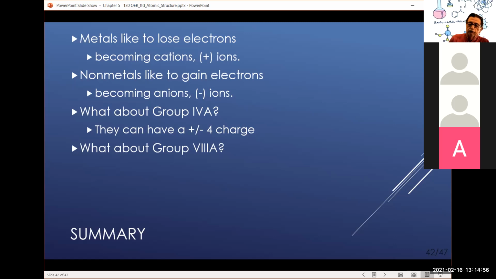All right, and to remove electrons, we're going to learn a property called ionization energy, and we'll learn that the noble gases, because they have 8 and a lot of protons, hold on to their electrons very tightly. So to remove one is pretty tough.